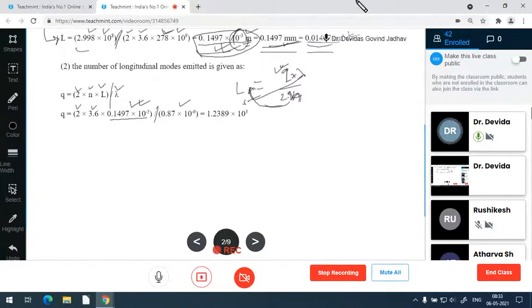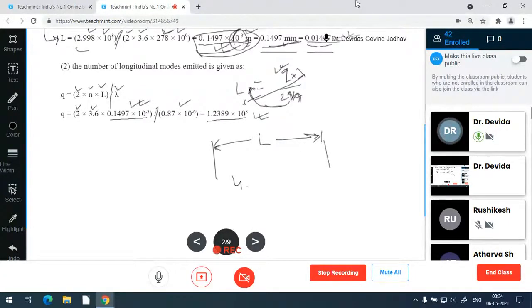So what we get, Q is 1.2389 into 10 raised to 3. These many possible modes can be established in the structure having the length L. These many different half waves can generate the standing wave.